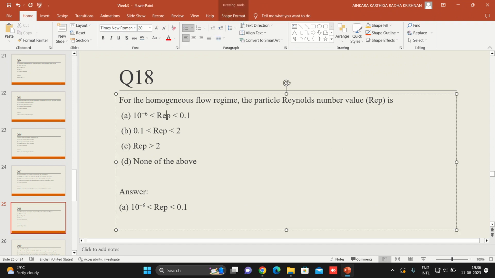Again, this was for homogeneous. Previously, we saw pseudo homogeneous, and this question was asking the particle Reynolds number for the homogeneous flow regime. So it was less than 0.1, and then we saw all these things.